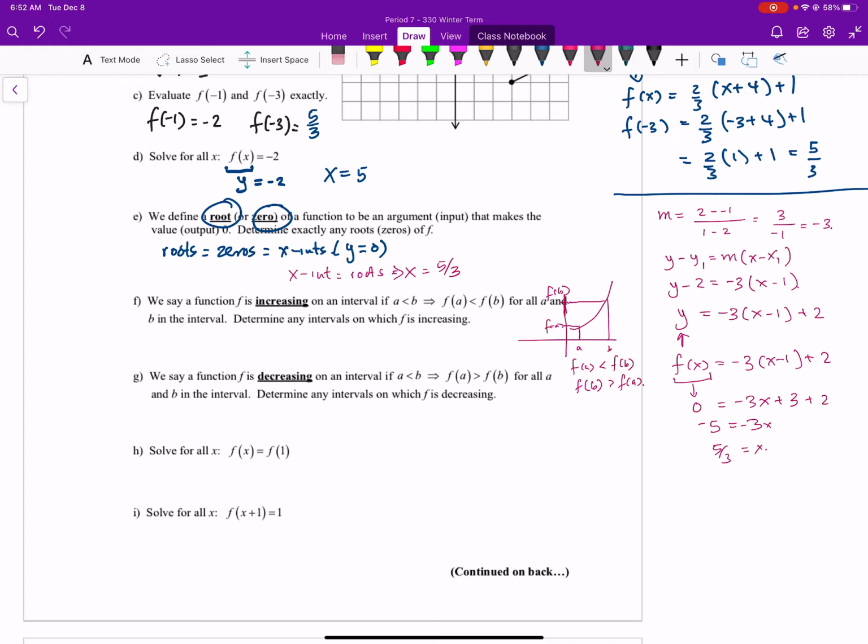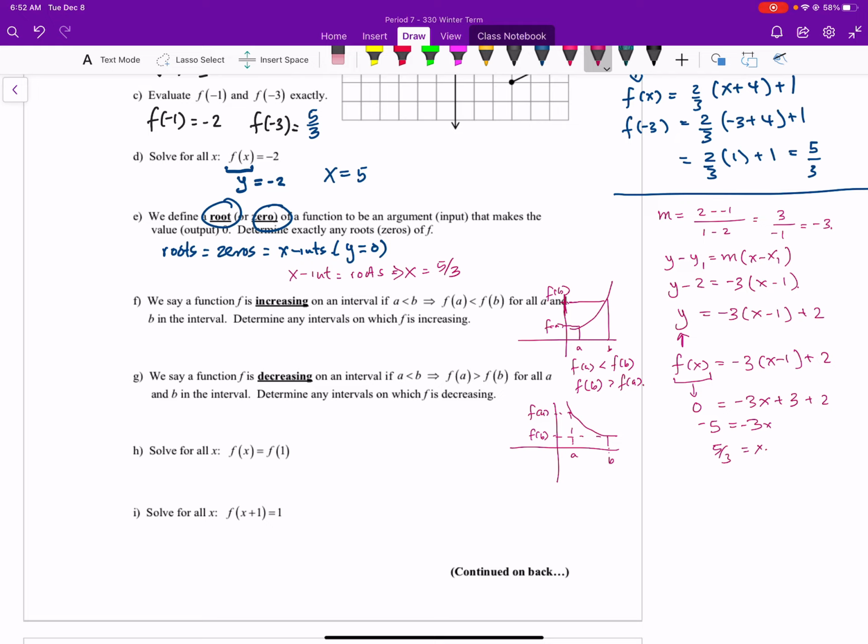All right. And then when we're talking about decreasing, we're looking at a situation where you are decreasing this way. So if I have a and b, when I look at f of a and I look at the corresponding y value, f of b, if I compare them, scan from left to right, you can see that f of b is always smaller than f of a, or vice versa. f of a is always bigger than f of what? f of b.